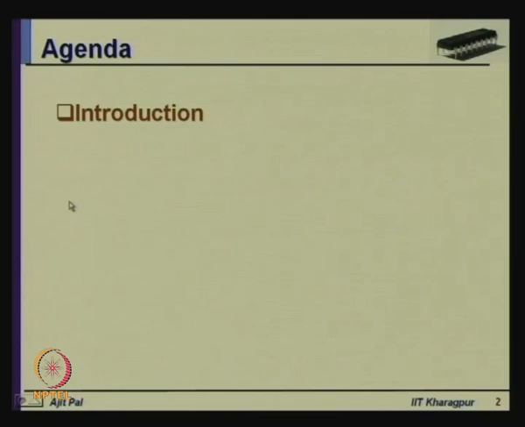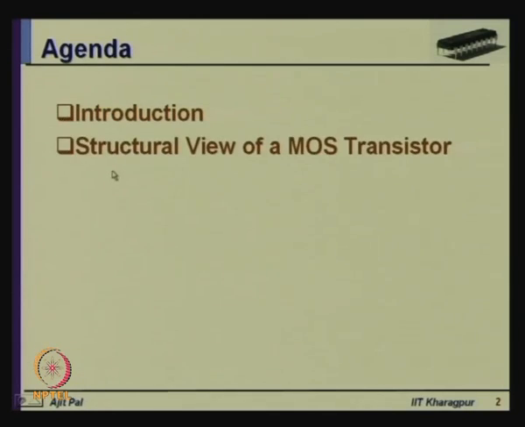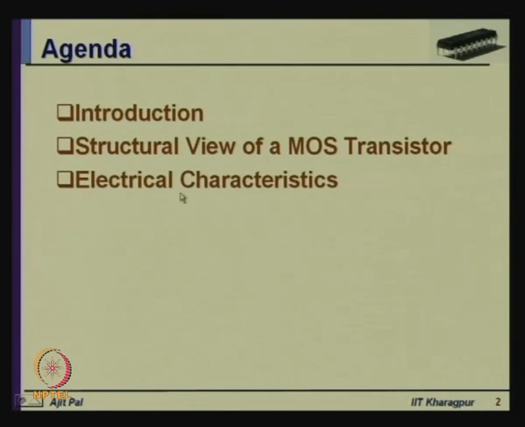And here is the agenda of today's lecture. After a brief introduction, I shall show once again the structural view of a MOS transistor, which I shall use to explain the operation and also derive the expression for the drain current, which is known as the electrical characteristics of the MOS transistor.